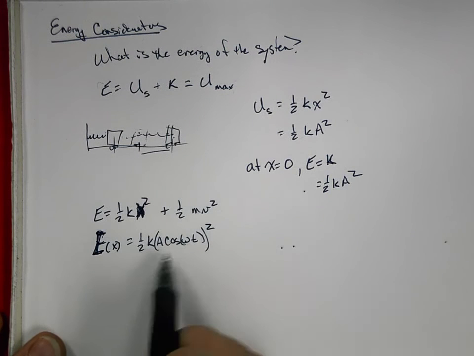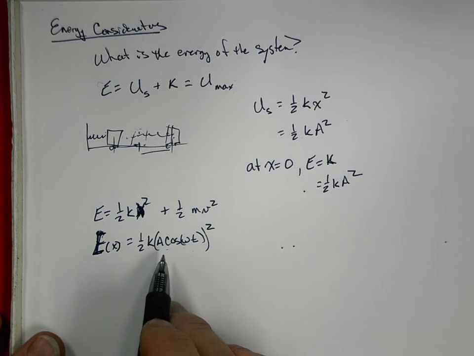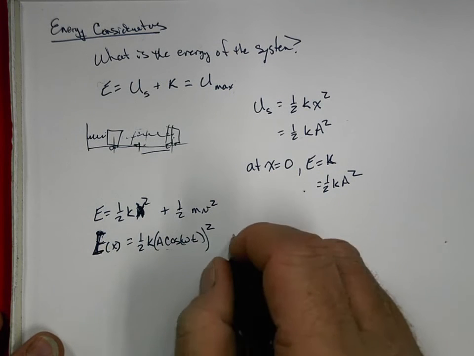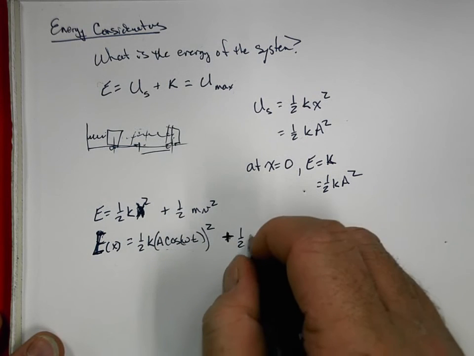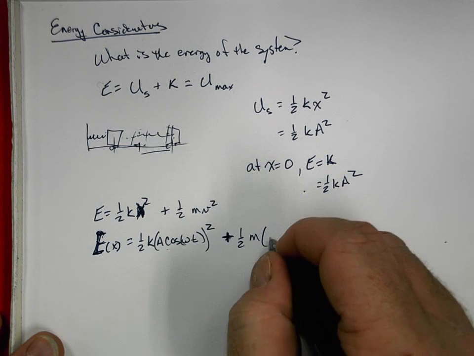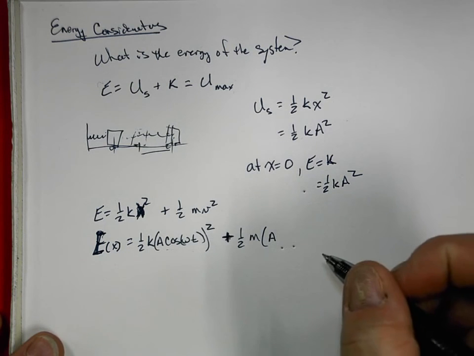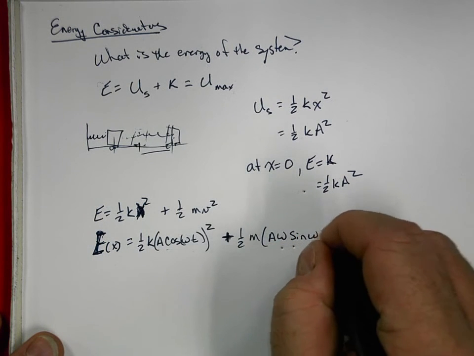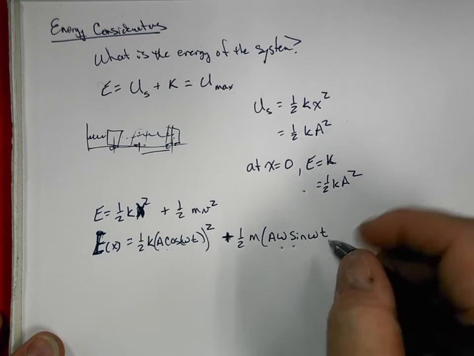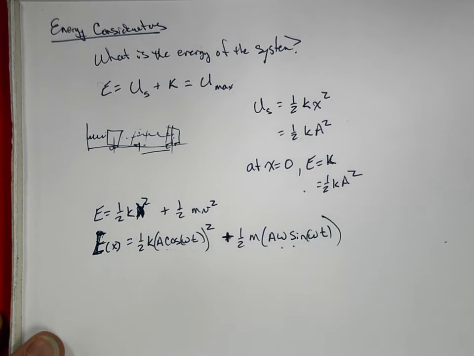If this is our position, X equals A cosine omega T, and our velocity gives us the derivative.